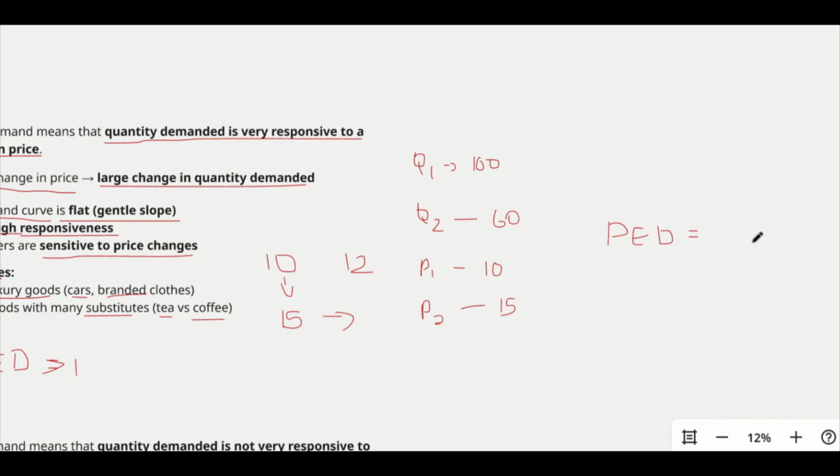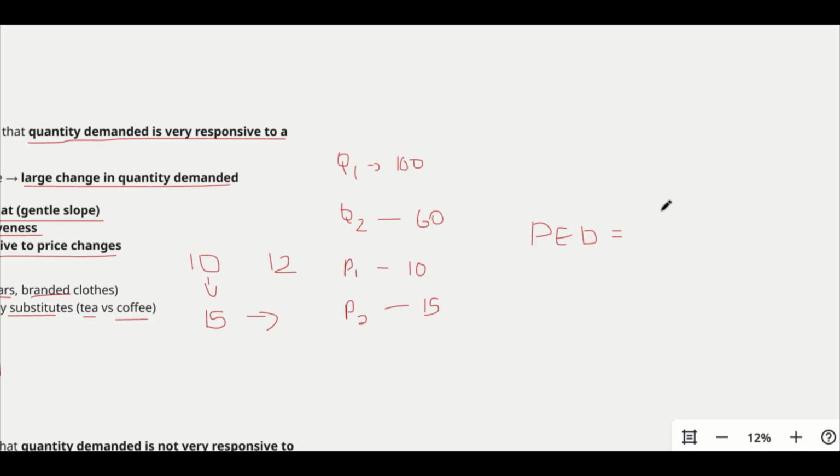So how will you calculate it? First, you have to find the change in quantity and the change in price. The percentage change in quantity is 160 minus 100 by 100, all divided by 15 minus 10 by 10. So we have to solve.